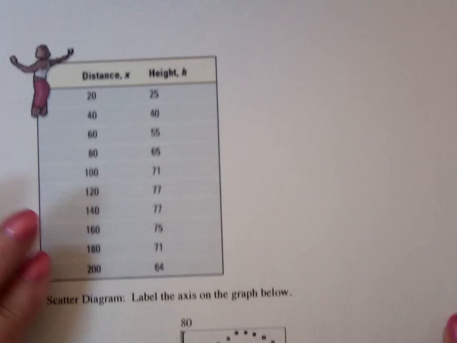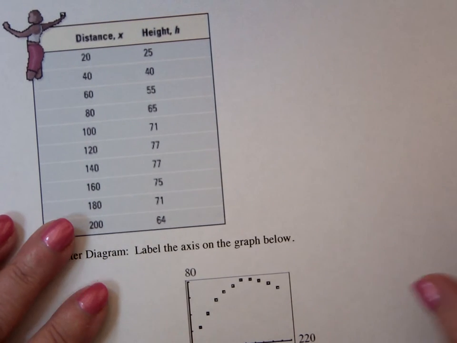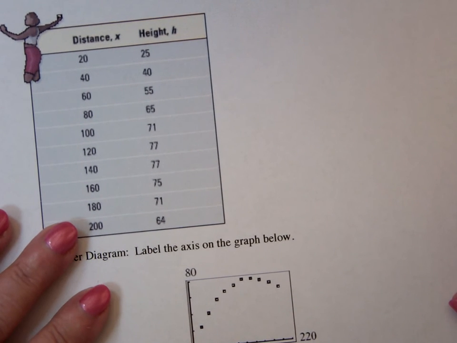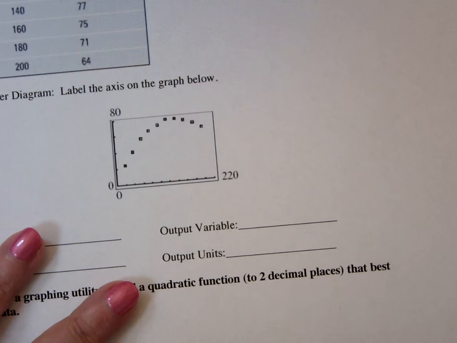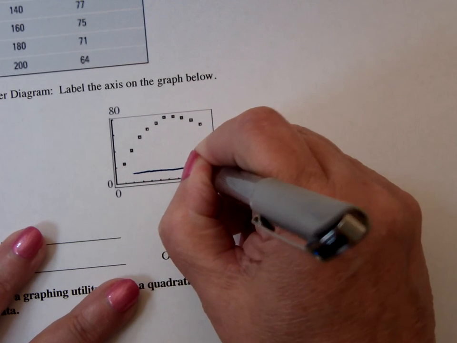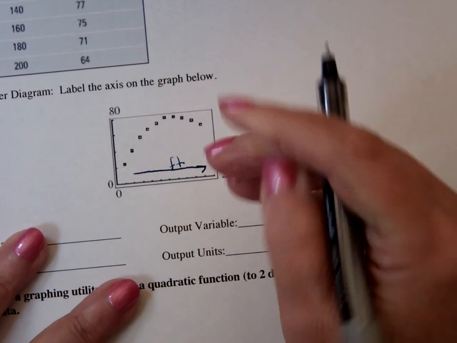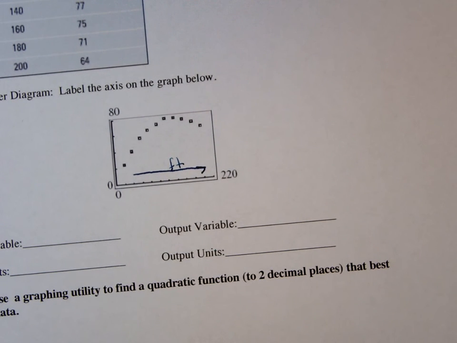So here we go. Here's the problem I usually have with this kind of problem: the units are the same for both. Here's a picture of the data, and this is in feet, because we're looking at how far the ball has traveled along the ground.